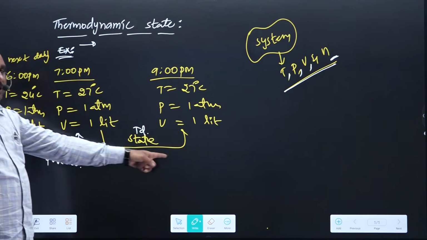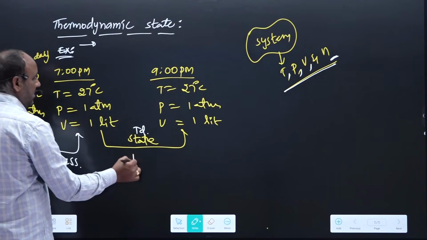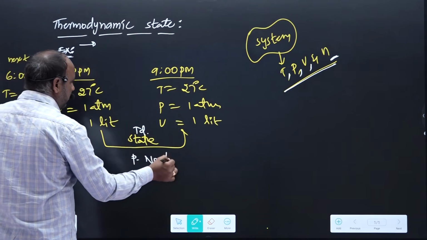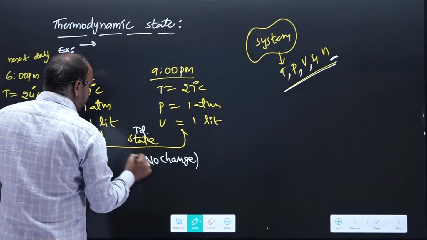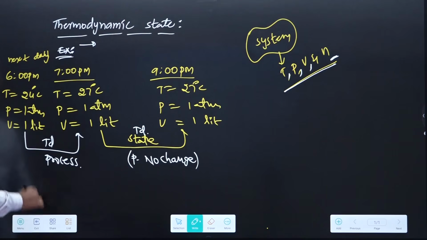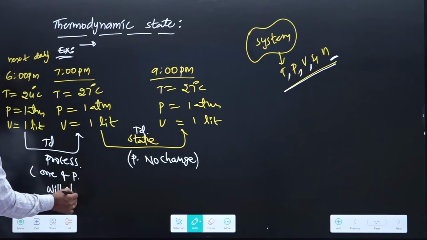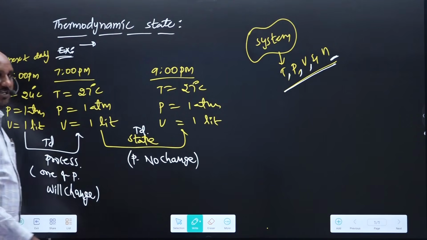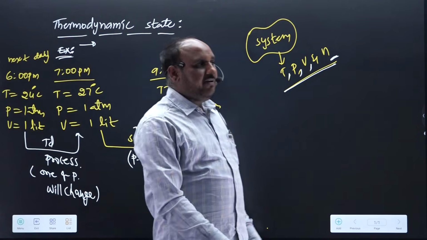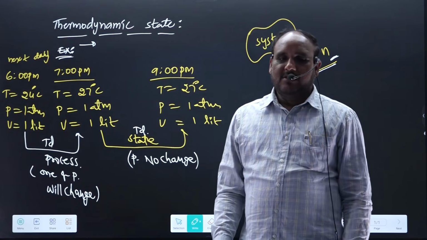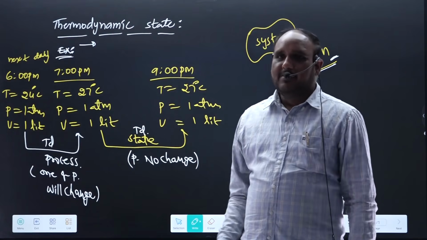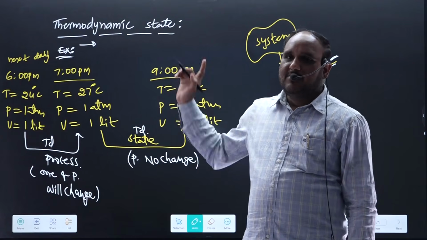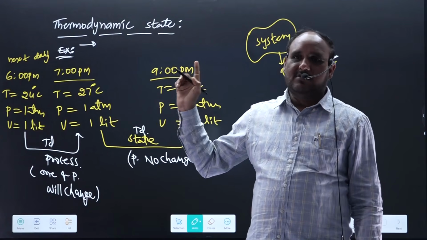Even if only one property changes, not only the temperature, any one of the properties, then it is involved in some process. Therefore that is called a thermodynamic process. So: thermodynamic state and thermodynamic process.